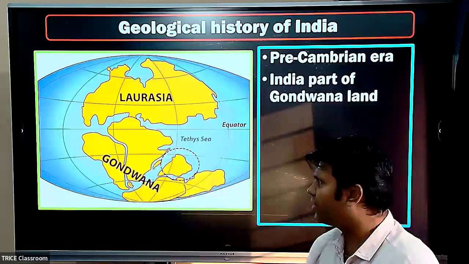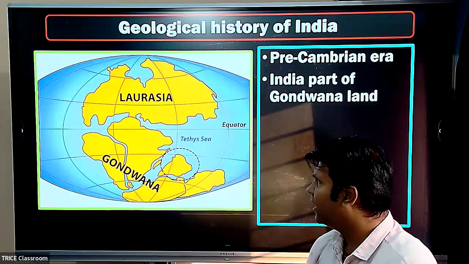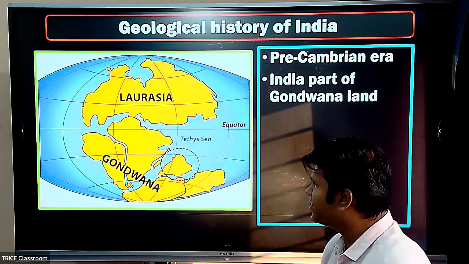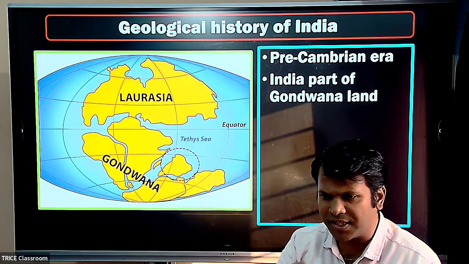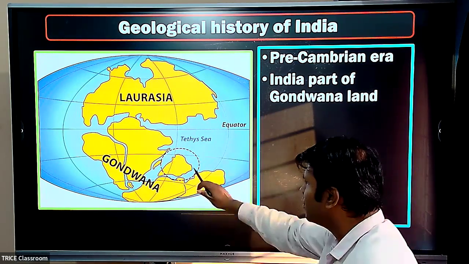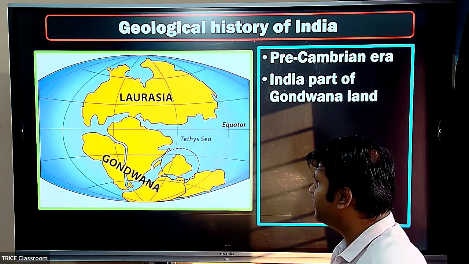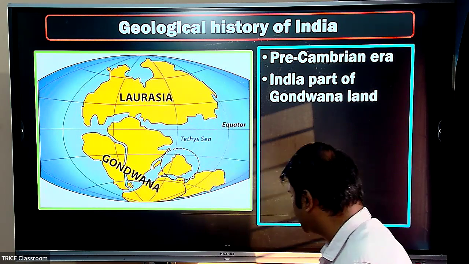India got separated from Africa, Antarctica and Australia, and that's how the Indian plate was formed. Even today, India and Australia are on the same plate, called the Indo-Australian plate, right? This Indian plate and the Australian plate started moving away from each other.